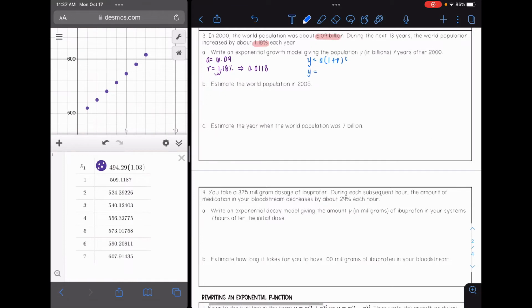So I get y is equal to 6.09 times 1 plus 0.0118 raised to the t. And so to find that out, I get 6.09 times 1.0118 raised to the t.